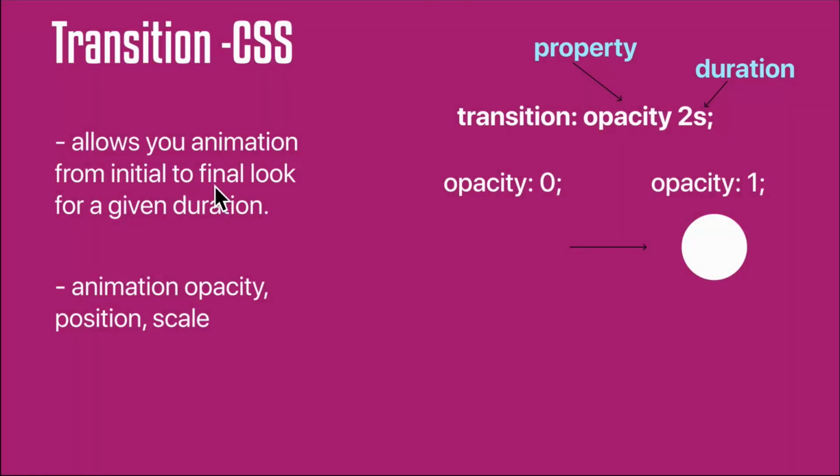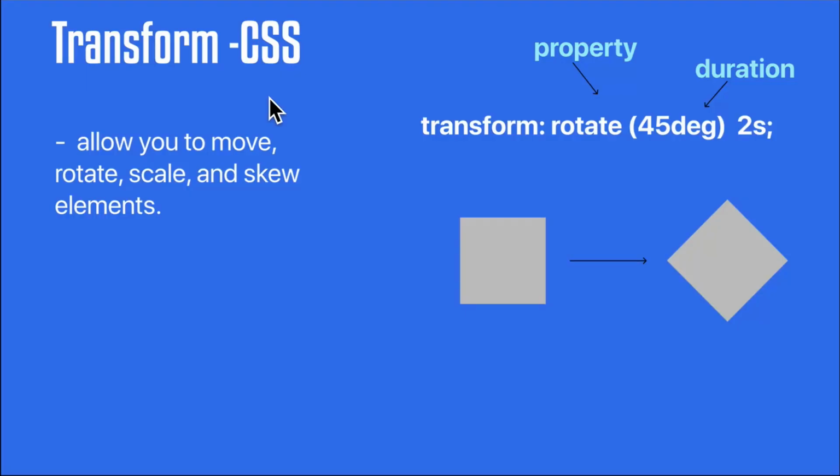Transition allows you to animate from the initial state to the second state by targeting CSS properties like opacity, scale, width, and so on. Later on we're going to be using transform to allow a particular object to move, rotate, or scale up.